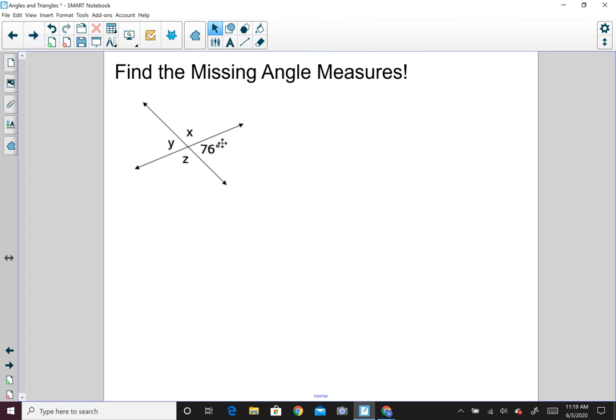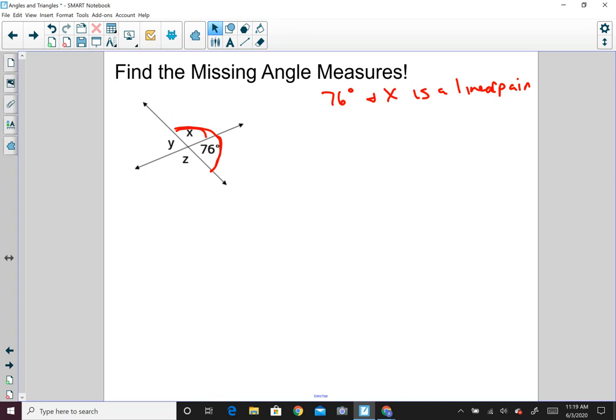Well, 76 is the only number I have. 76 and x, that's a linear pair, right? 76 degrees and x is a linear pair. So there's my relationship. I can see they're a linear pair because together, if I go from here to here, it makes one continuous line, doesn't it?